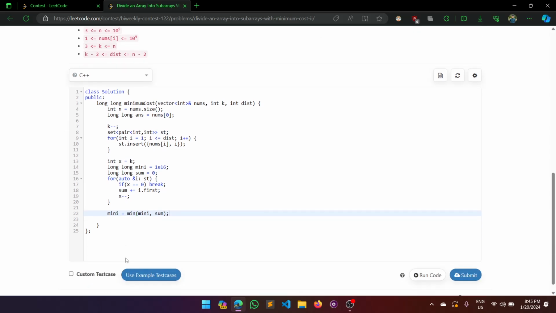Now we'll try to slide the window forward. The indexing for the window is going to be l, and r is going to be what, dist, right? Yeah, so that's our current window.